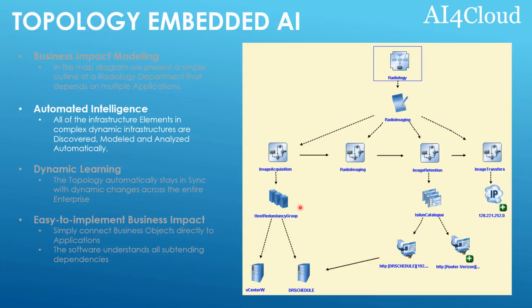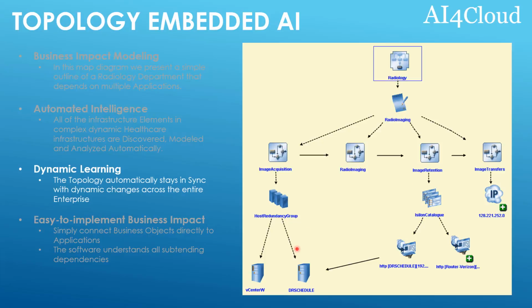All of the underlying infrastructure is discovered, modeled, and analyzed automatically and is maintained in near real time, with the topology staying in sync with the dynamic infrastructure changes, including changes like vMotion and cluster relationships.